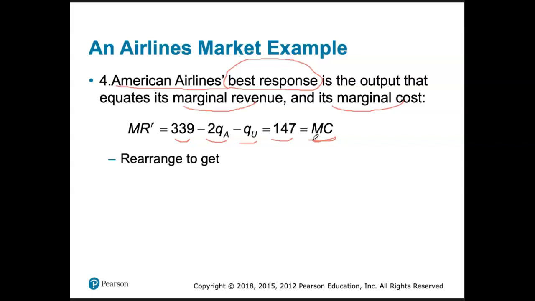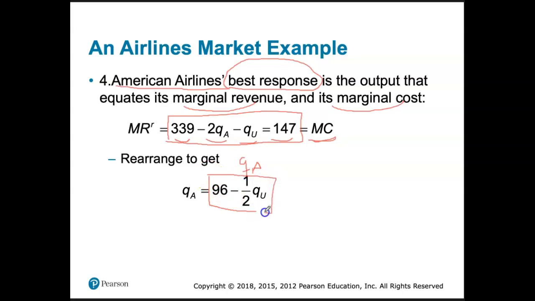We can rearrange and basically solve this equation for QA. When we do that, we get QA equals 96 minus 1/2 times QU.